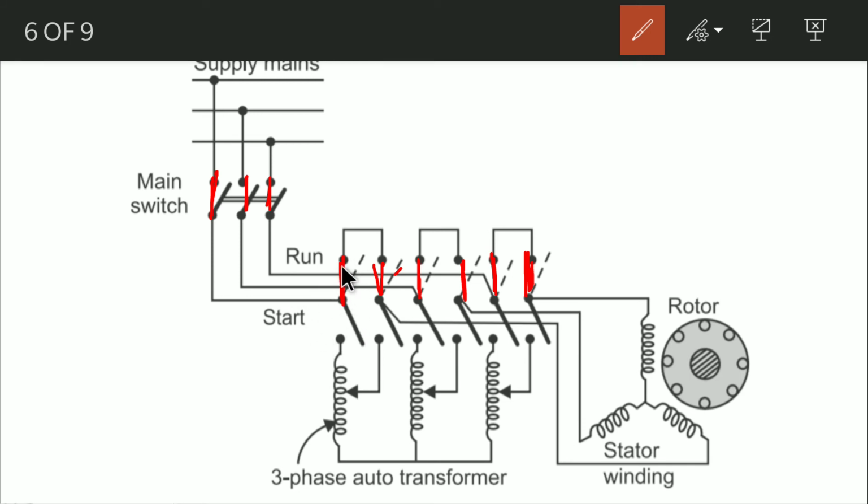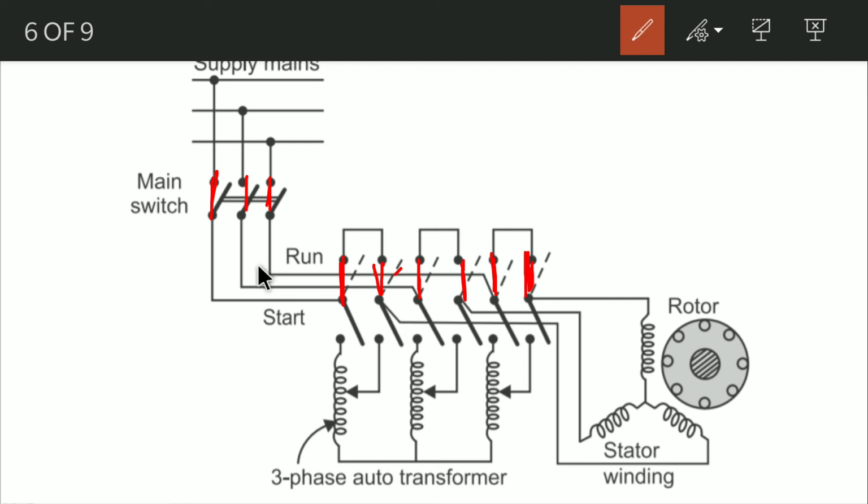One phase is connected through this link to one end of the winding. Second phase is connected to second link, 2 and 3 terminals, to this terminal of the motor, and from here, third phase is connected to third terminal of the motor. The motor is now directly connected to the supply, not through the auto transformer under running conditions, and is drawing normal current.